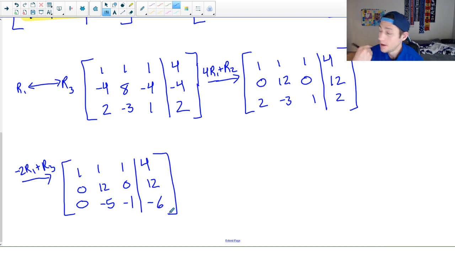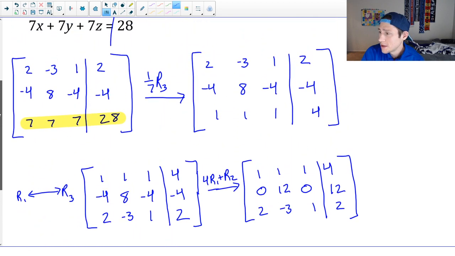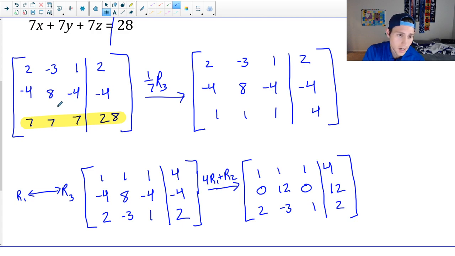Okay. Let me do a quick check just to make sure up to this point that my operations were good. Like I said, I recommend doing a double check, triple check, any kind of check. We also could have done, in step 1, instead of taking row 3 and dividing it by 7 to get 1, row 2 divided by negative 4.